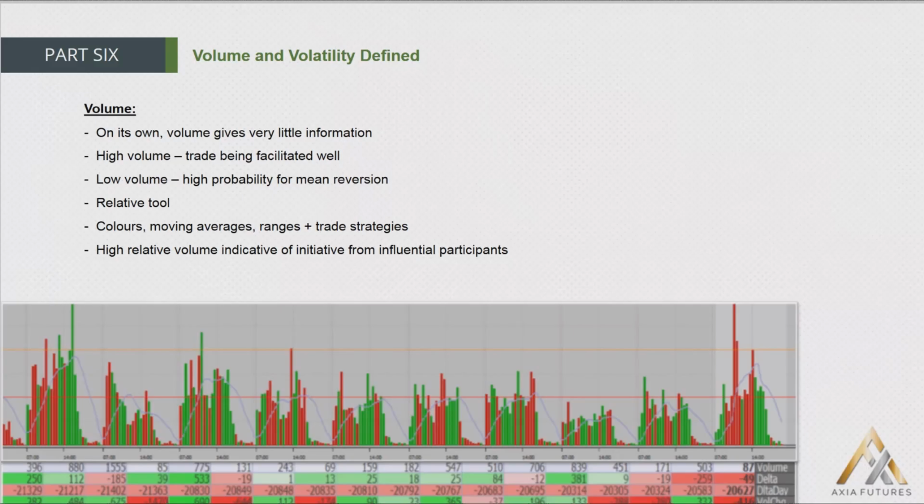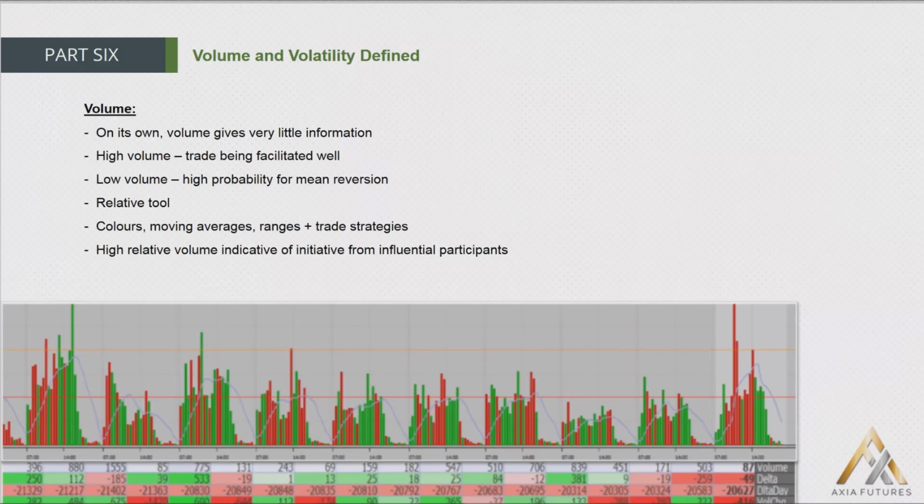And then obviously the ranges that we see in terms of the volume. Sometimes volume will be sitting at, say, roughly 20,000 contracts every half hour for a number of half hours. So if you know what the average is and then the sudden shift, you can quickly pick up on the shift in the relative change that is occurring within the volume. And more importantly, you can then develop strategies based on these relative changes.